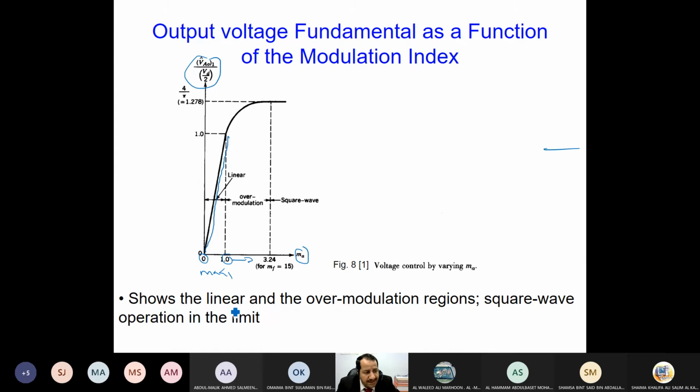When we move greater than 1, MA greater than 1, we start with over modulation. You see, we have a curve. We continue with it until we reach the point pi over 4. Why pi over 4? I will show you in the next slide when we reach what we call a square wave. So I have linear modulation, I have over modulation, I have square wave modulation.